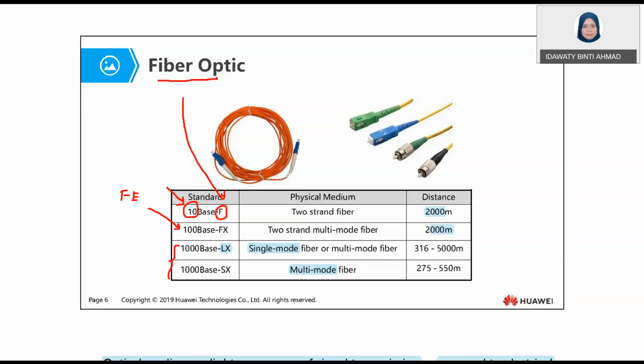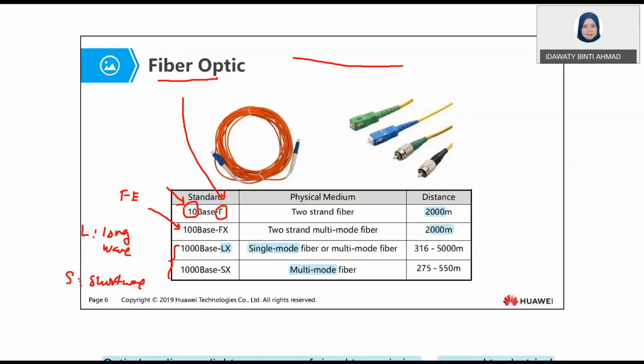So here you can see LX, L means long wave, or long haul, and S here means short wave. So the keyword here, when you use fiber optic, the physical medium, you already learned this in datacom. The physical medium is a glass.